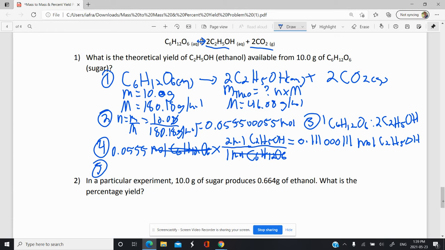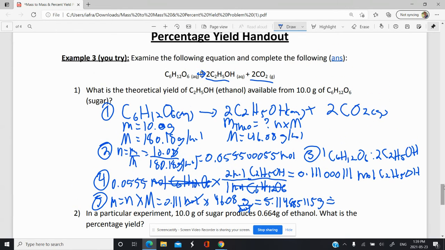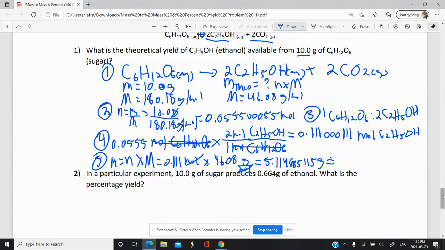We'll convert that into mass. So our mass of the ethanol is going to be the moles times the molar mass, which is the 0.111 moles times a molar mass of 46.08 grams per mole. Cross out the moles, so times 46.08, and we get approximately 5.114885115 grams, which we can round according to our sig figs. So we had 3 sig figs, so we want 3 sig figs for our final answer as well.